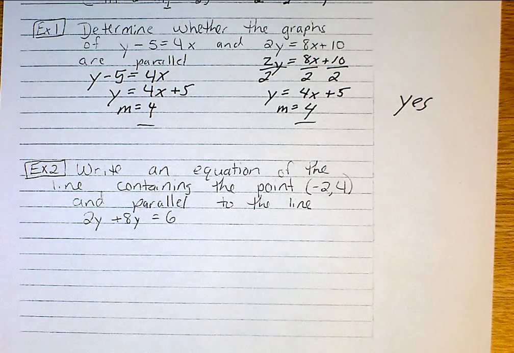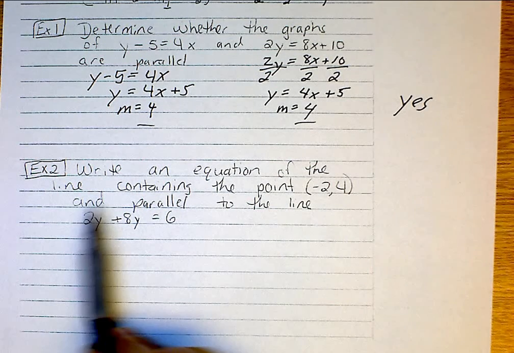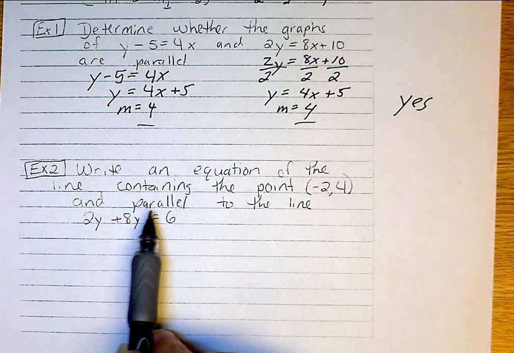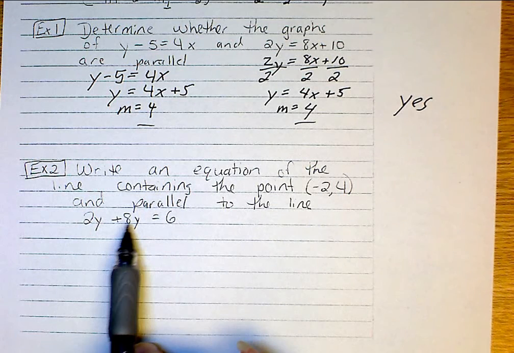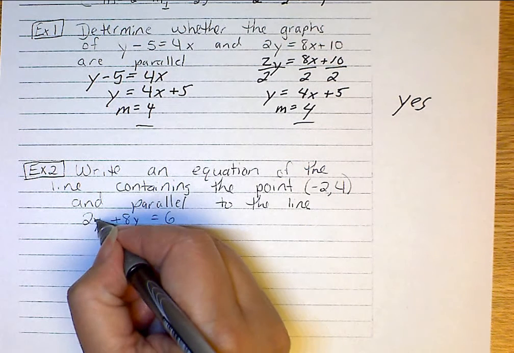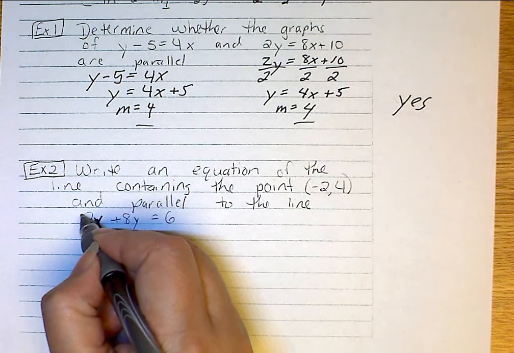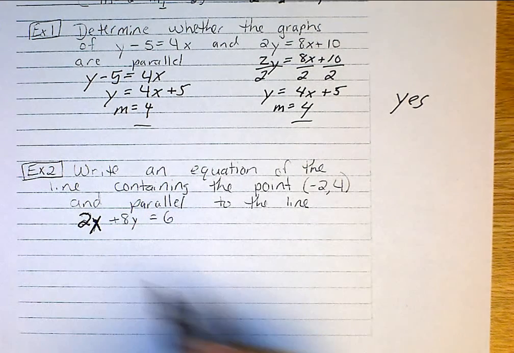Okay. So, write an equation of the line containing the point -2, 4, and it's parallel to the line 2y plus, and this should be 2x, ladies and gentlemen. So you have 2x plus 8y equals 6.